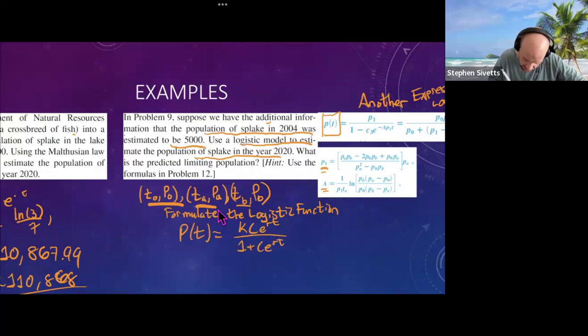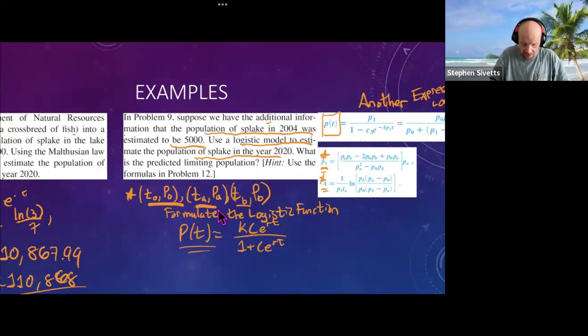This is a general solution for a logistic differential equation. So the way these formulas come about is it's equivalent to formulating a logistic function that passes through these 3 points.